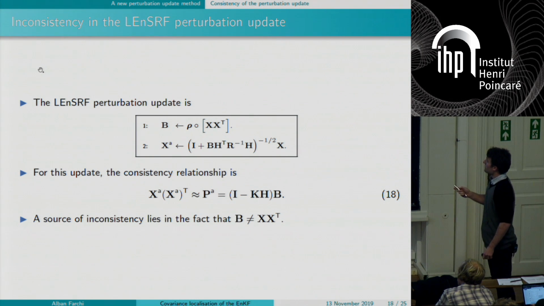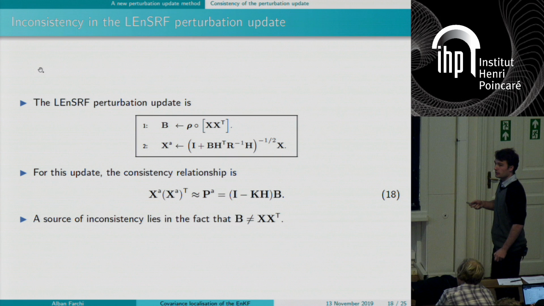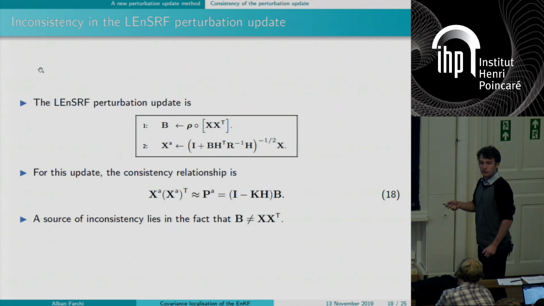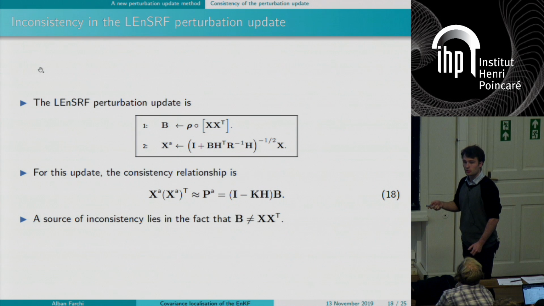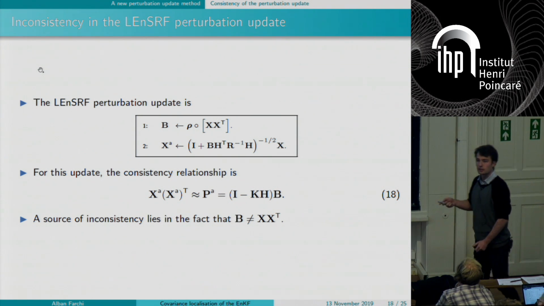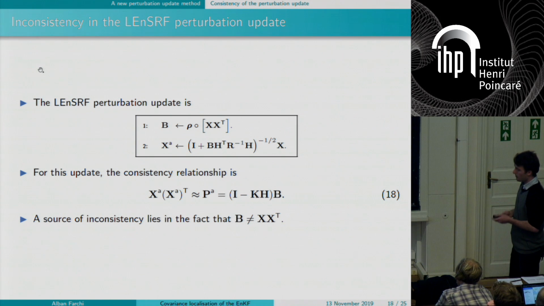For this update, the consistency relationship is this one. What does it mean? It means: does the analysis ensemble have the correct sample covariance matrix? In other words, is the sample covariance matrix of the analysis ensemble equal to the analysis error covariance matrix computed using the Kalman gain?